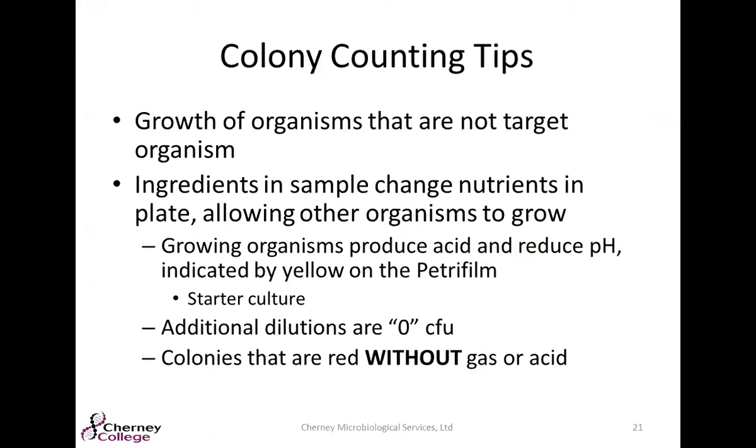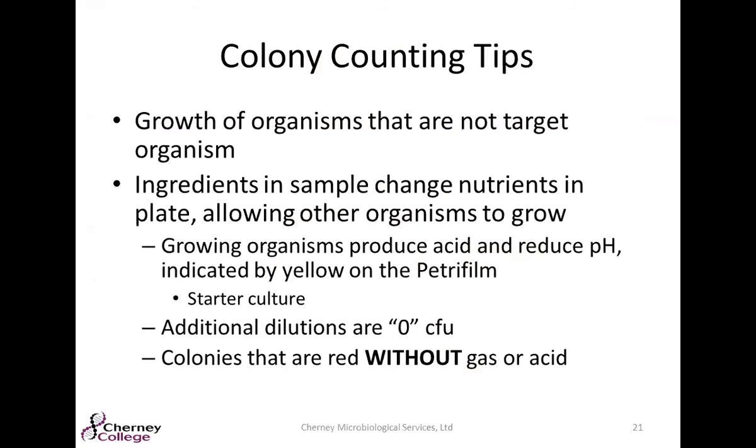So going over some colony counting tips specific to EB, you're going to want to know that it is possible for the growth of organisms that are not your target organism. So it's important for you to know what you're looking for, what the typical EB looks like, those red colonies with gas or yellowing or both.